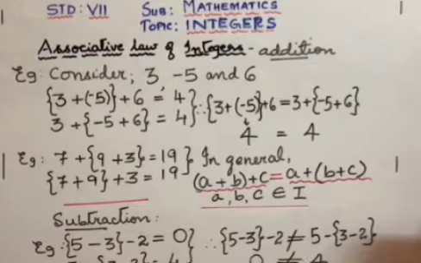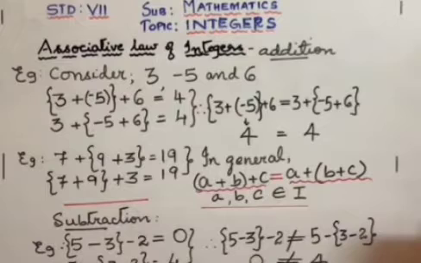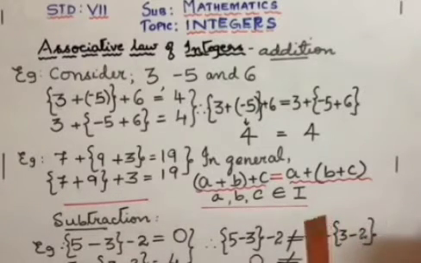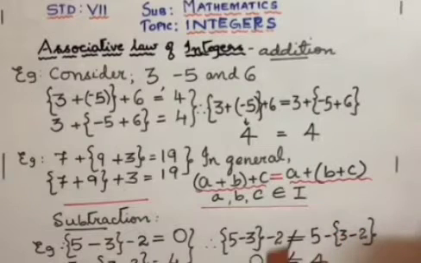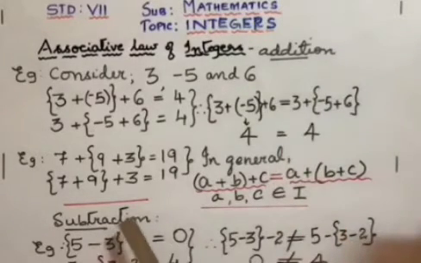So associative law or associative property of integers does not hold good with respect to subtraction. Children, I hope you understood this. We have done closure property, where closure property holds true with respect to both addition and subtraction.